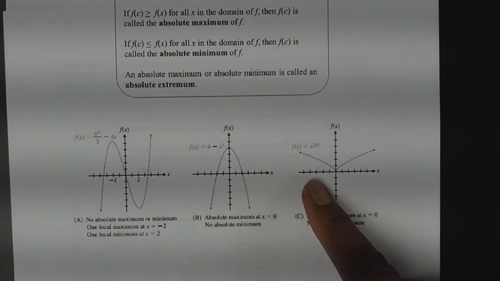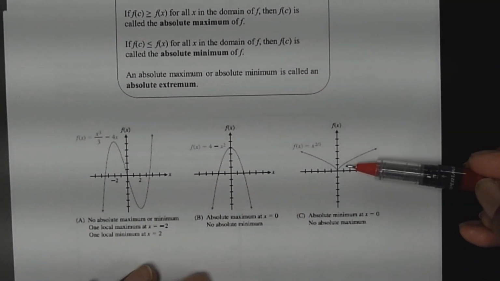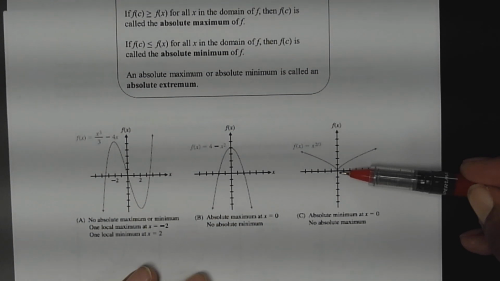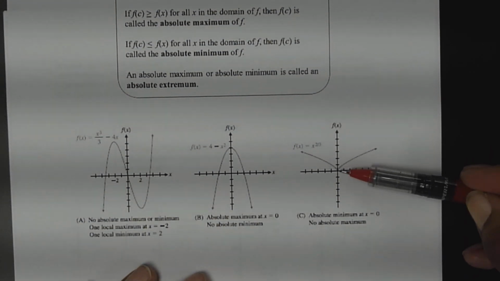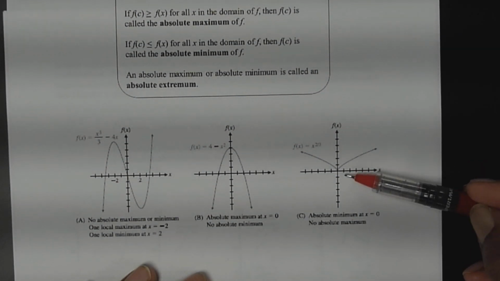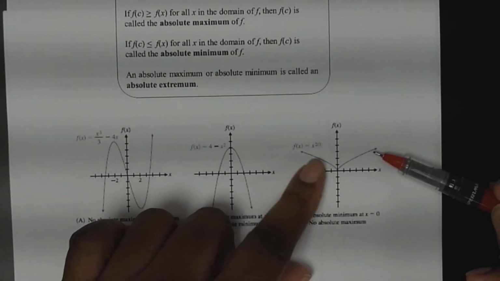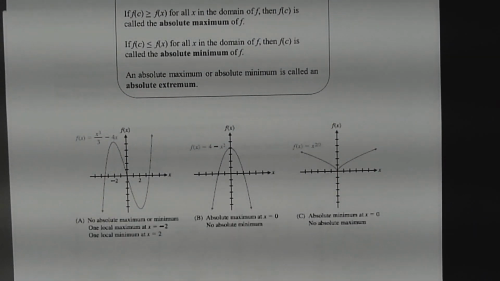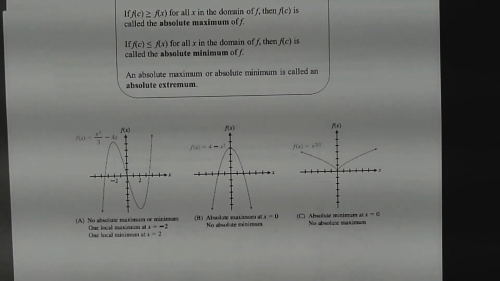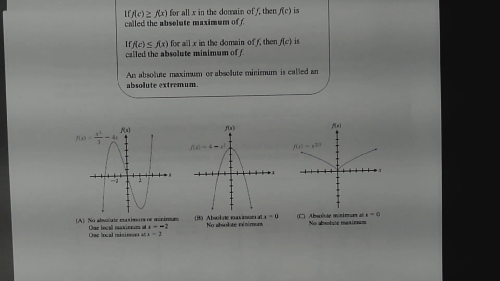Now for this one, f of x equals x to the 2/3 power. The absolute minimum only occurs at x equals 0. That's the lowest y value it would ever reach before it starts going in the other direction. And obviously, it goes indefinitely upward on both sides. There is no absolute maximum. All right.